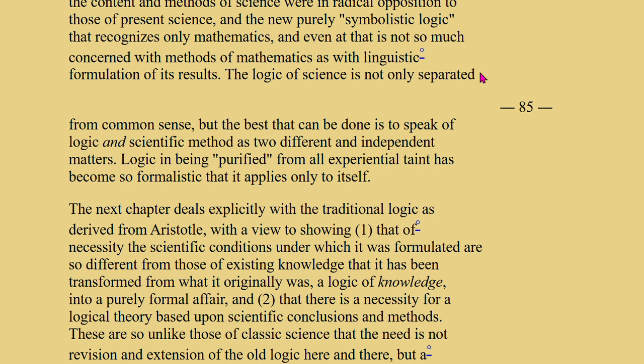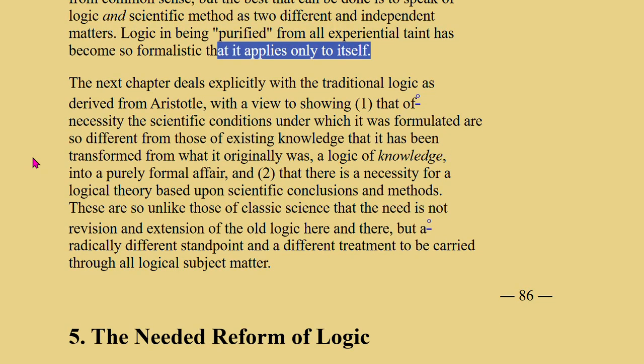The logic of science is not only separated from common sense, but the best that can be done is to speak of logic and scientific method as two different and independent matters, according to this other view, right? Logic, in being purified from all experiential taint, has become so formalistic that it applies only to itself. Right? So this is Dewey being critical of existing logics, which tend to be either traditional, kind of pre-scientific, or they're so formalistic that they don't really help us do anything outside of logic.